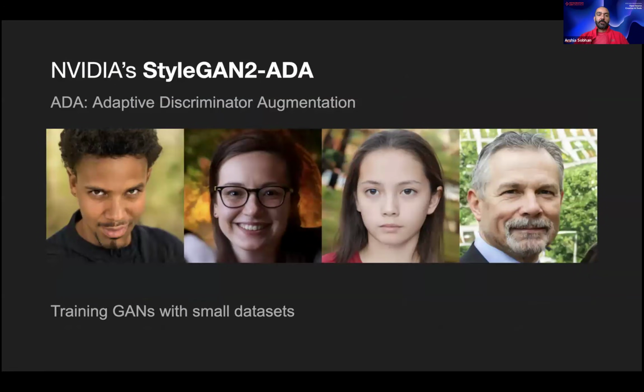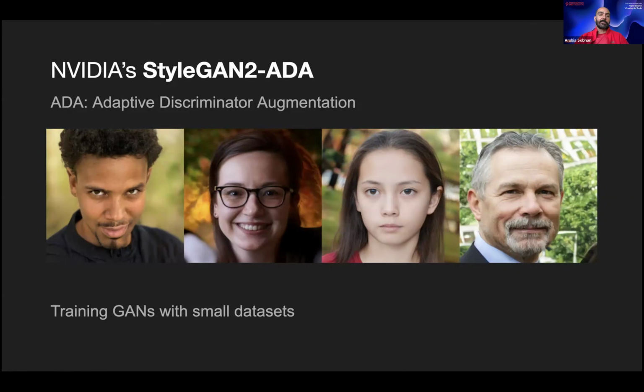Well, as I mentioned, NVIDIA's StyleGAN family of GANs have been a kind of benchmark for GAN quality. NVIDIA has been pioneering this in 2018 with StyleGAN, and then I think 2019 with StyleGAN 2, which was a major improvement in terms of quality, and then StyleGAN 2 ADA.